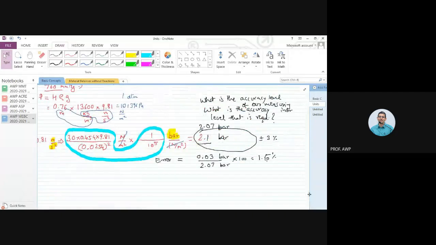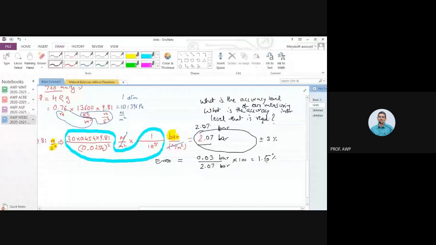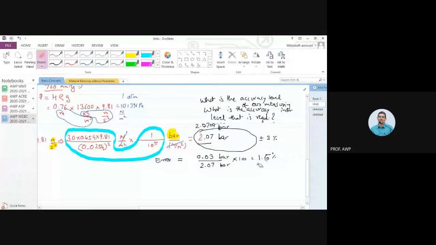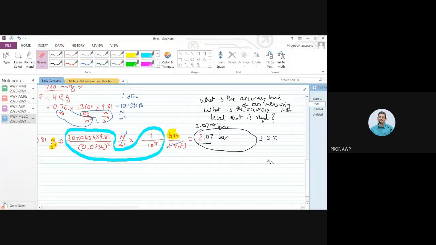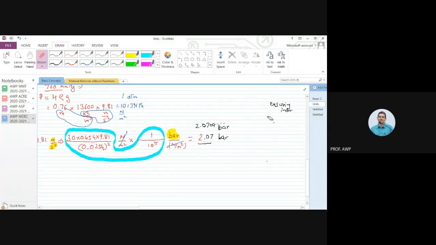And then instead of writing 2.1 bar, we might write 2.07 bar, so that our level of reporting the value has the same error as our original quantity in the original set of units that we had measured.